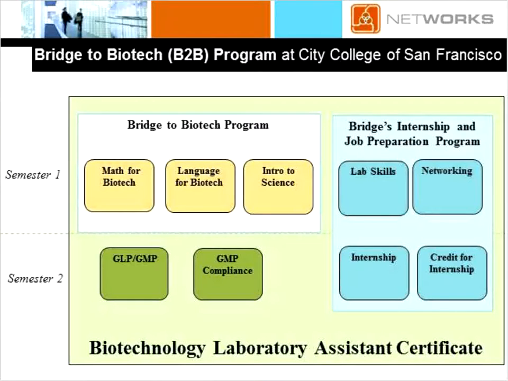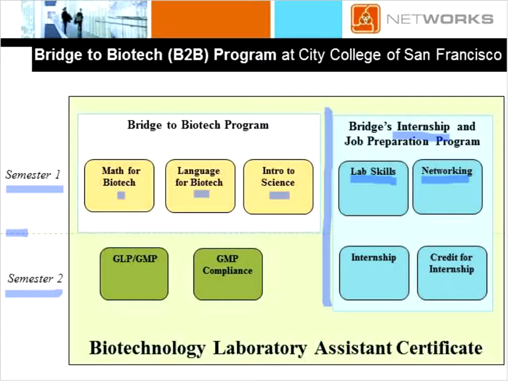In the Bridge to Biotech program, it's 2 semesters. Below the dotted line here is the 2nd semester. We have a math class, we have a language class, we have an introduction to science class, and if we could put a line here, everything to the right of this line is optional. We teach lab skills and networking. This is an internship program, and we're having students find their own internships.